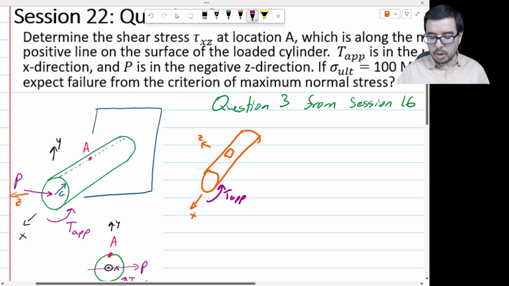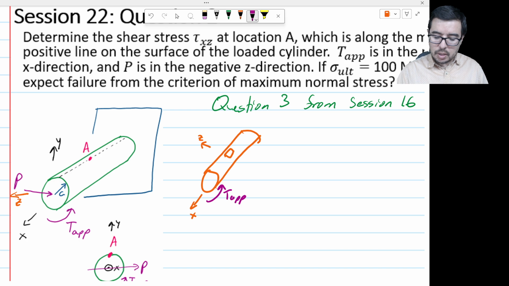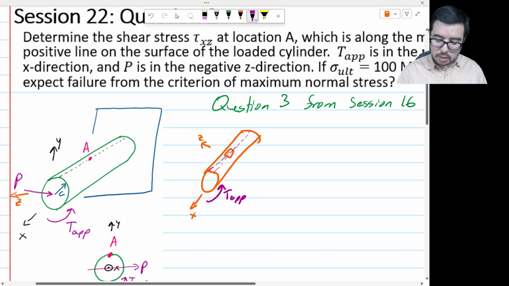Let's think about what that means. If I look at the deformation, if I had a line that was coming straight across, it's now been twisted at an angle, so I'm going to have deformation that's counterclockwise if I'm looking at this face, or positive x, if you will, which is in the same direction as T app.